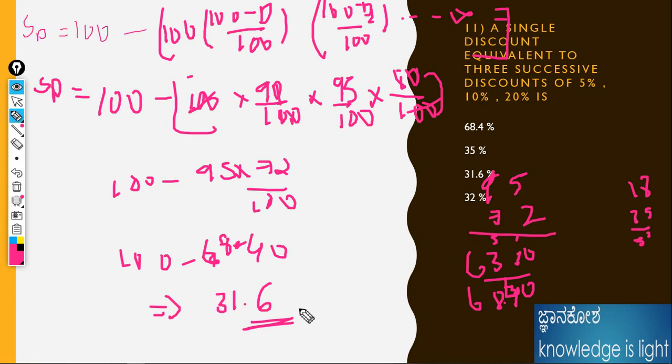Okay, if any successive discount question like that comes in any exam, please apply this formula. That way we will get the answer if you remember this formula.